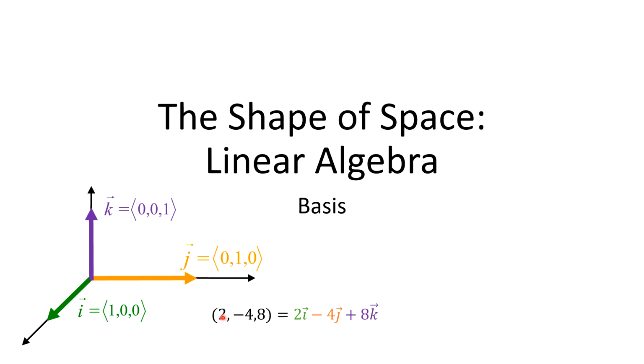I have an example here, (2, -4, 8), and you can write it as a linear combination of these 3 vectors. So we can write this vector as 2i - 4j + 8k. And if you actually do these computations, you would come back to this vector here.